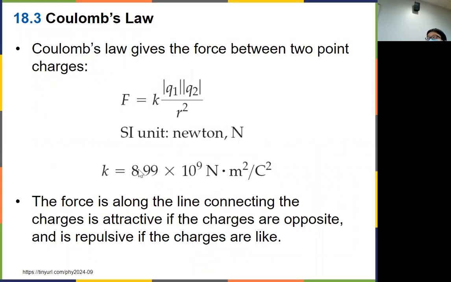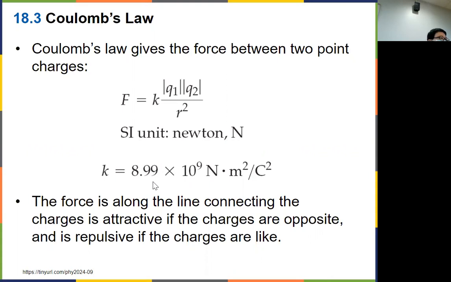Sometimes you see people just write 9.0 as k, so that's fine too. You just round it up because the difference is only roughly about 1/1000, so that doesn't make any significant difference. If you use 9.00 times 10 to the 9 for k, that should be fine too.